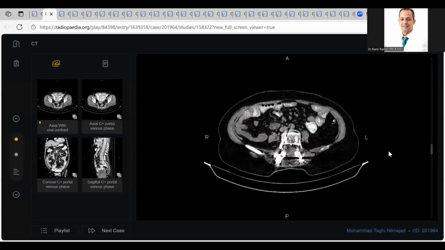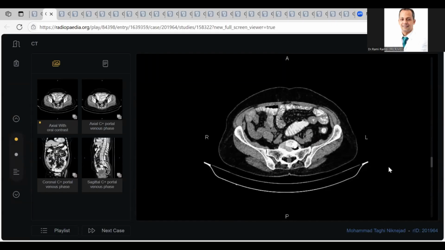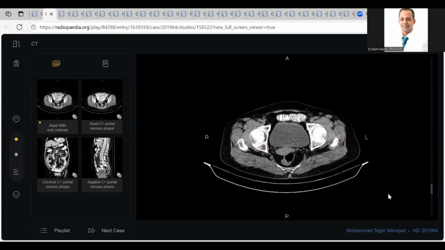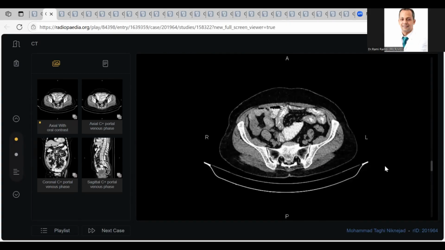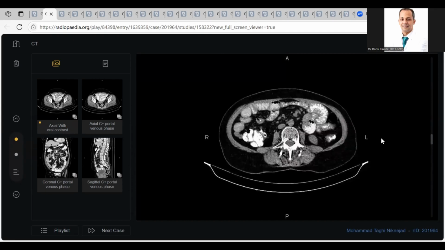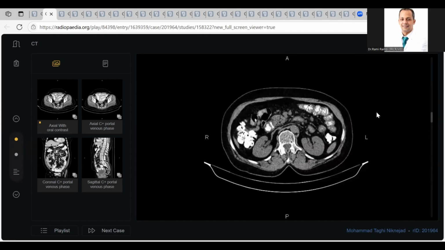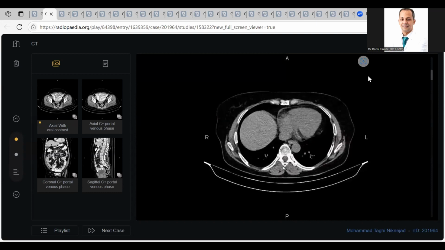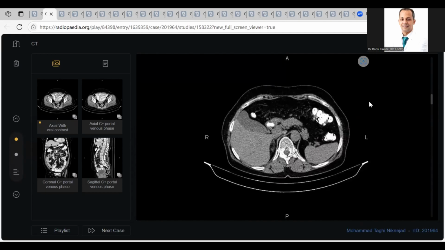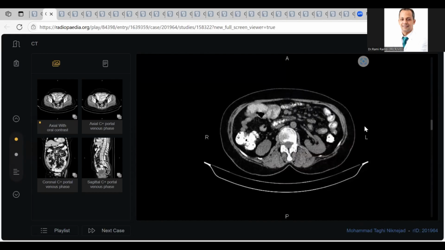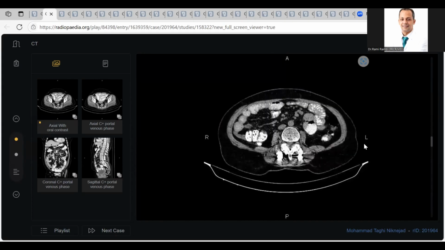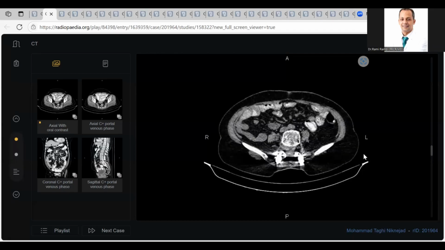That is the reversal pattern due to celiac disease. Then I am looking for any lymph nodes because that can be a complication of celiac disease. There are a few subcentimetric lymph nodes noted in the mesentery.